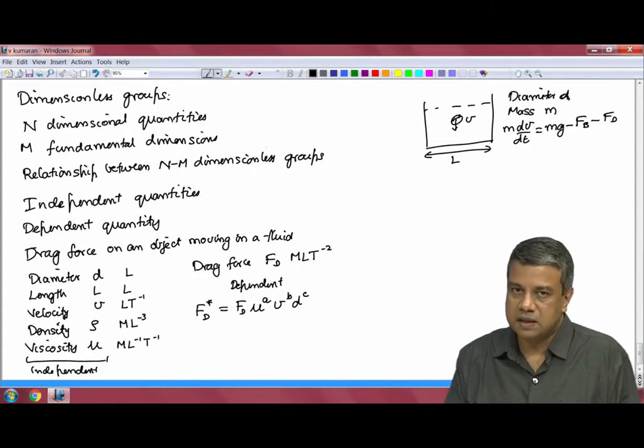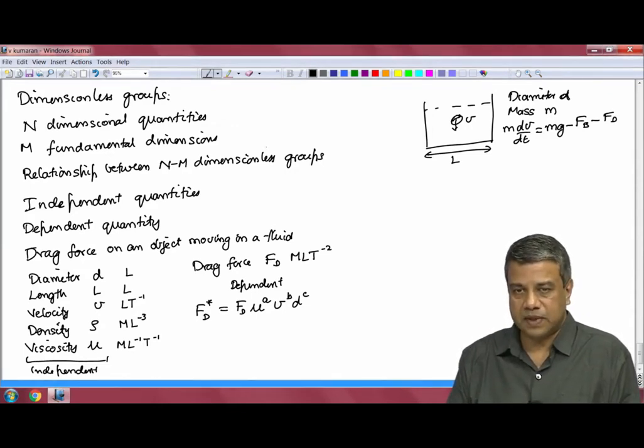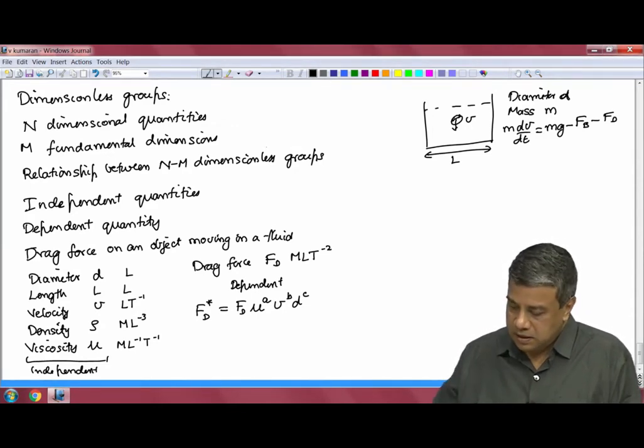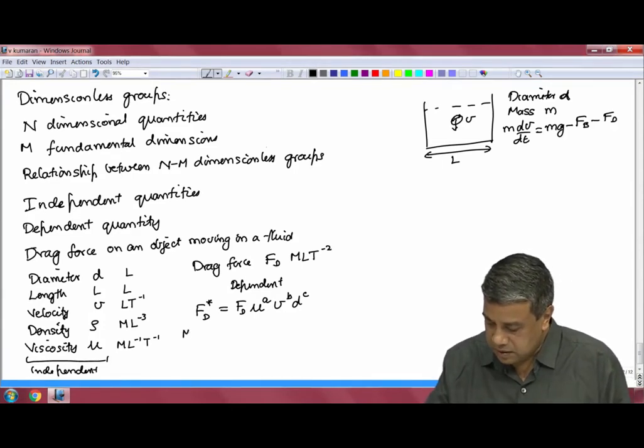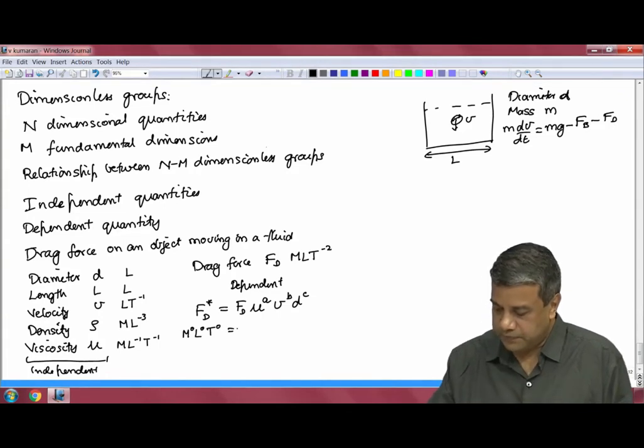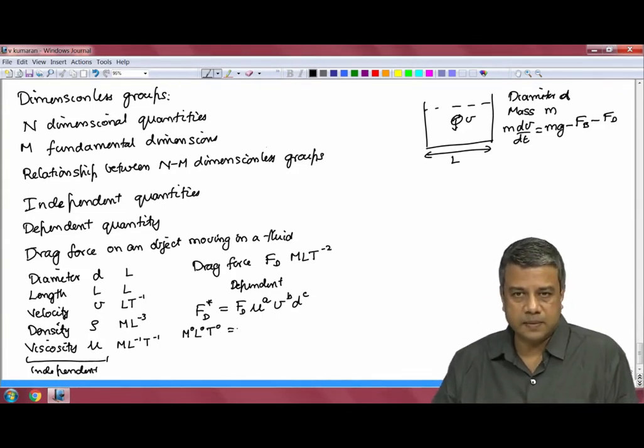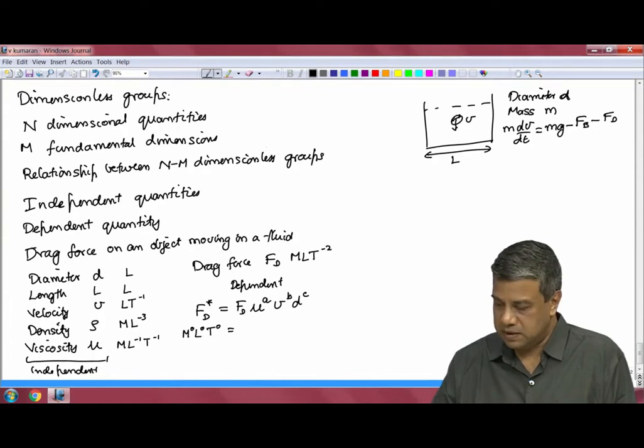That is, the left side of this expression is a dimensionless quantity. The left hand side is a dimensionless force, so it has no mass, length or time dimension.